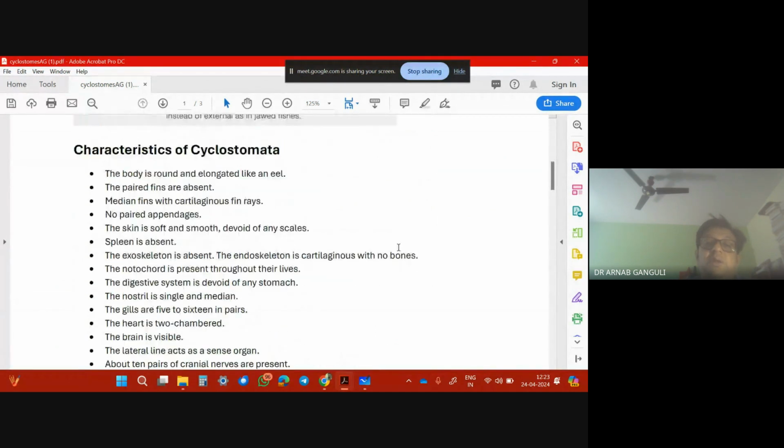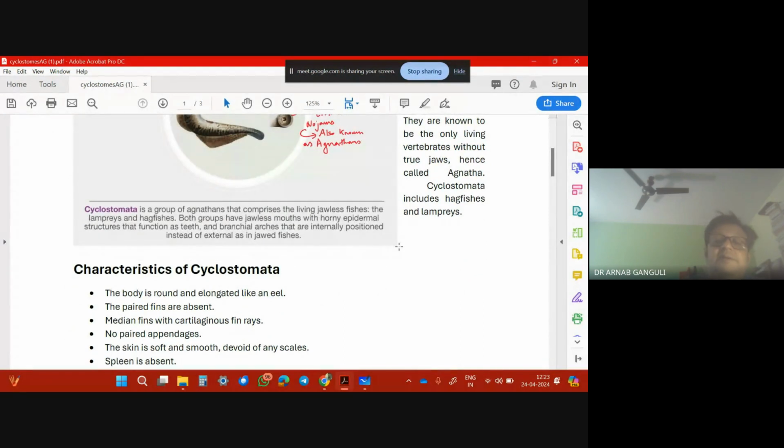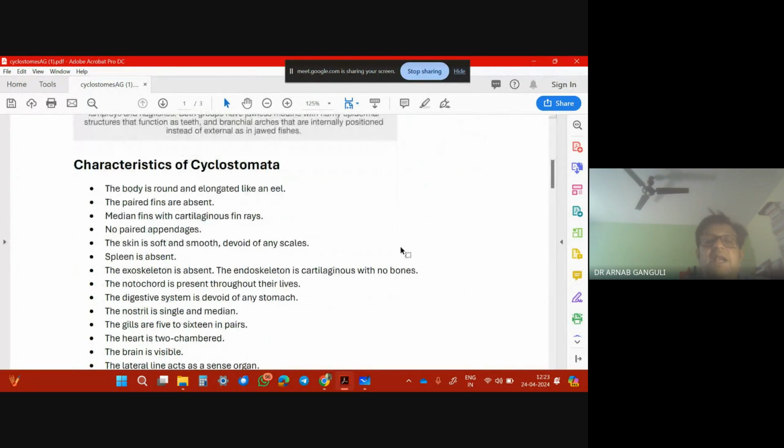Now let us go through the points. Like you have seen, their body is round and elongated like an eel. Paired fins are absent. Normally, fishes have both paired and unpaired fins. মানে দুদিকে আছে, কোনো কোনো একদিকেই রয়েছে.